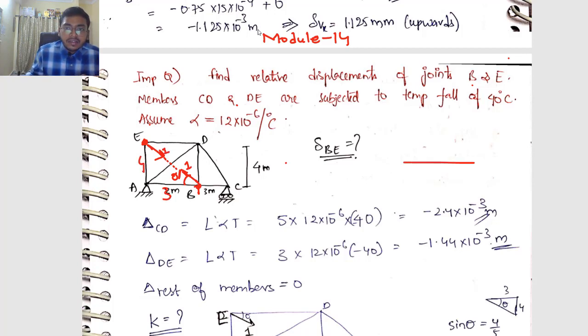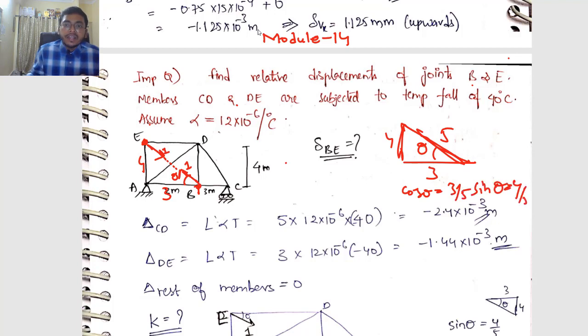It is something like this, 3 meter, 4 meter. So what should be the hypotenuse? Hypotenuse is 5 meter. Then what is the theta? Cos theta will be 3 by 5 and sin theta will be 4 by 5. Agree? Sin theta is opposite by hypotenuse and cos theta is adjacent by hypotenuse. So you will be getting 3 by 5 and 4 by 5.